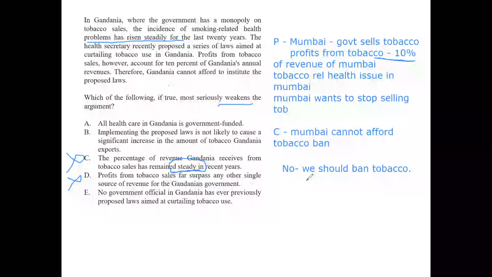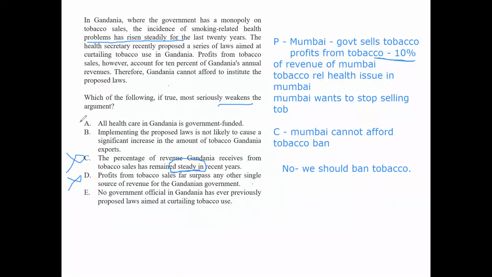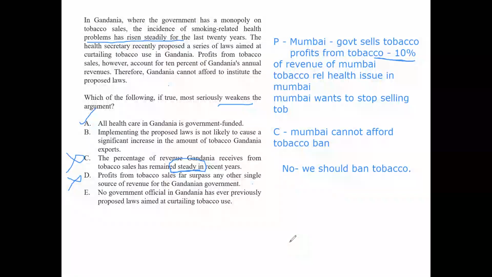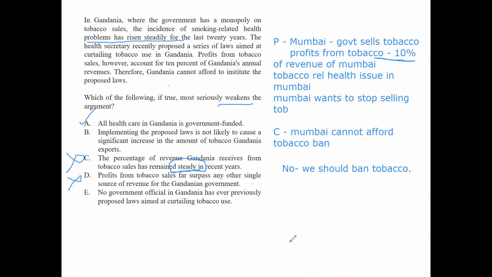All healthcare in Mumbai is government funded. So if all healthcare is government funded, then the government has to pay for the healthcare problems of the citizens. You are simply thinking only 10% of revenue you get from tobacco sales, but you are not thinking about the expenses you have to pay for the healthcare.